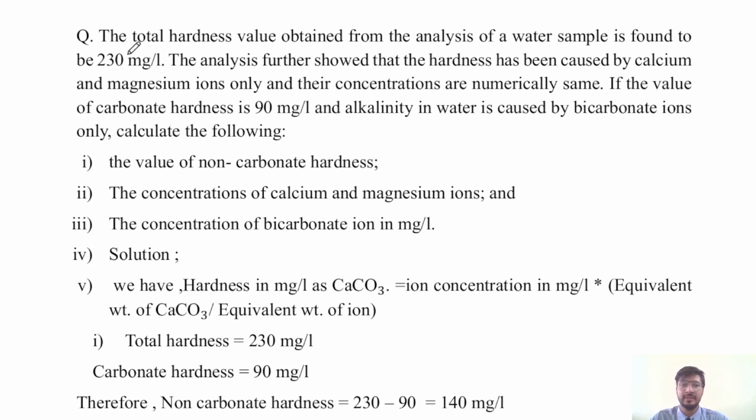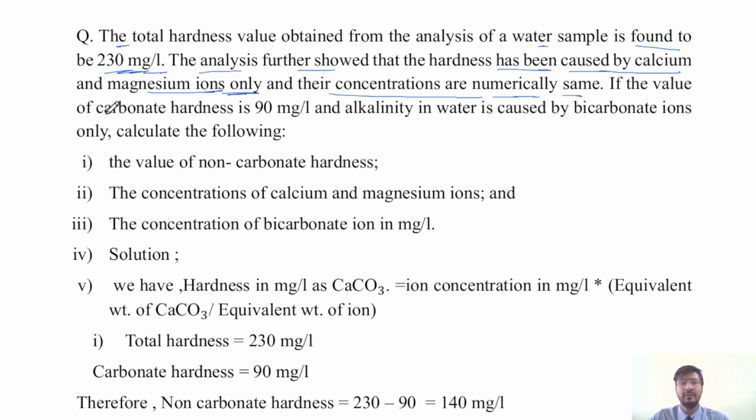The question is: the total hardness value obtained from the analysis of a water sample is found to be 230 milligram per liter. The analysis further showed that the hardness has been caused by calcium and magnesium ions only, and their concentrations are numerically the same.